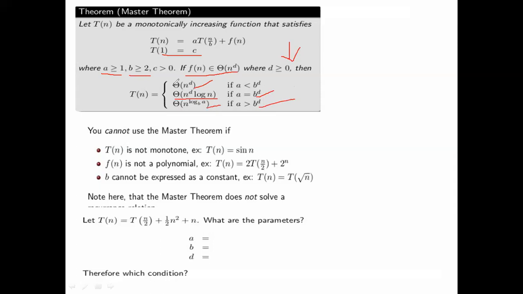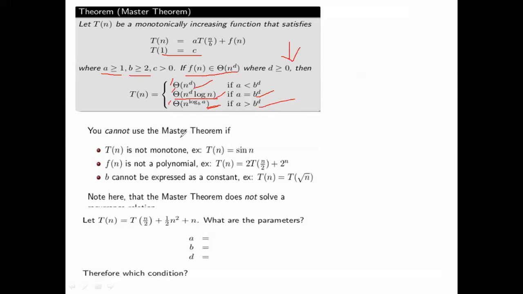So this is case 1, case 2, case 3. We choose these three cases depending upon the a value here. If a is less than b power d, we choose this one. If a equals b power d, we choose this one, and if a is greater than b power d, we choose this case.